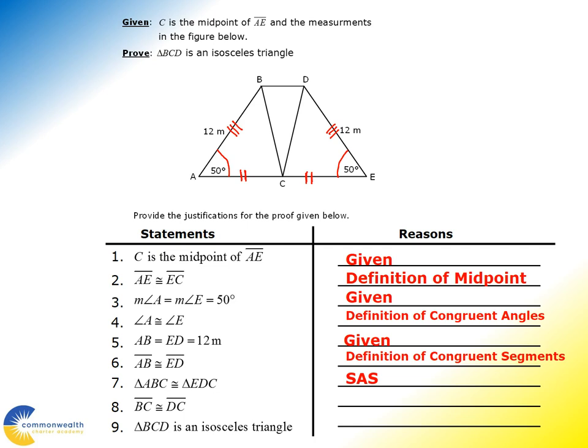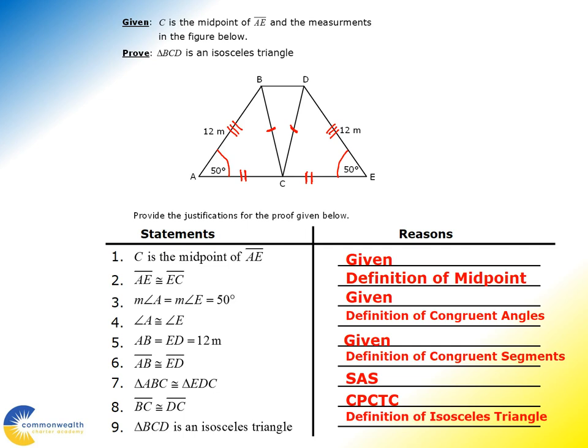This tells me that BC is congruent to DC. And that's because they are corresponding sides on these congruent triangles, so they're corresponding parts. Now we can see that BC and DC are two of the sides of triangle BCD. And because I've just proven that those two sides are congruent, by the definition of an isosceles triangle, that's how I know triangle BCD is an isosceles triangle.